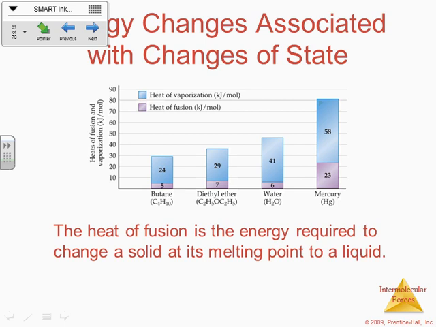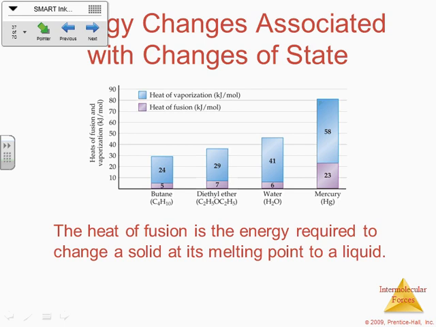The energy change associated with this, as you might imagine, it takes a lot more energy to vaporize something than it does to melt it. And so you look at any of these things, butane, diethyl ether, water, mercury, it takes a lot more energy to change them into a gas than it does to change them from a solid to a liquid. Okay. Heat of fusion is the energy required to change a solid at its melting point to a liquid.